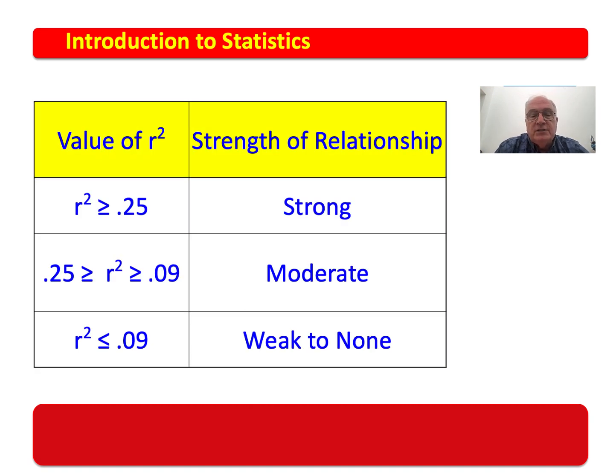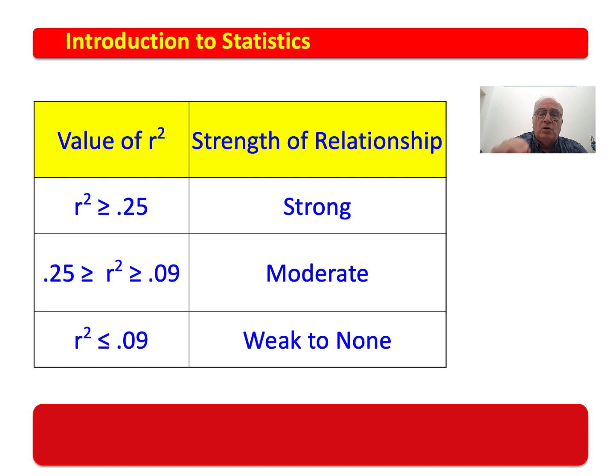Now, we can also express this in values of r squared. If r squared is greater than 0.25, it's strong. If r squared is between 0.25 and 0.09, we can say it's moderate. And if r squared is less than 0.09, we can say it is weak to none as far as the strength of the correlation. So we look at the value of this correlation using the Pearson product moment r coefficient.